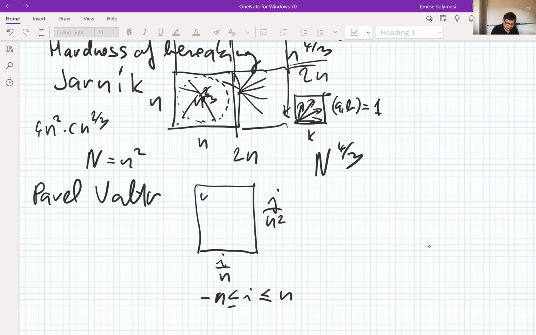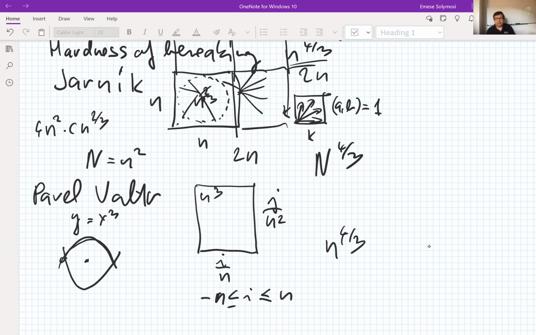Altogether, you have about n cubed points here. And your unit circle now will be one given curve, which comes from y equals x squared, say up to 1. So this is not very symmetric, but you can imagine that this is the same flipped over. And you can check that here also you have n to the 4/3.